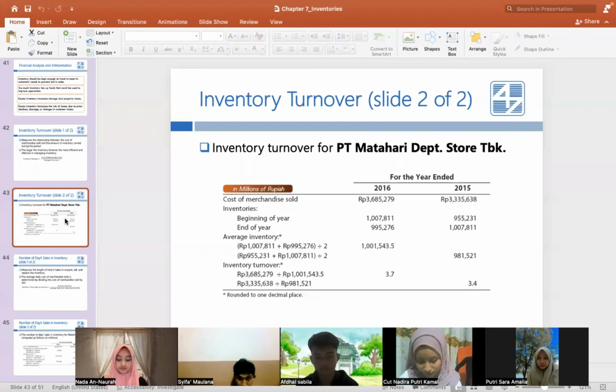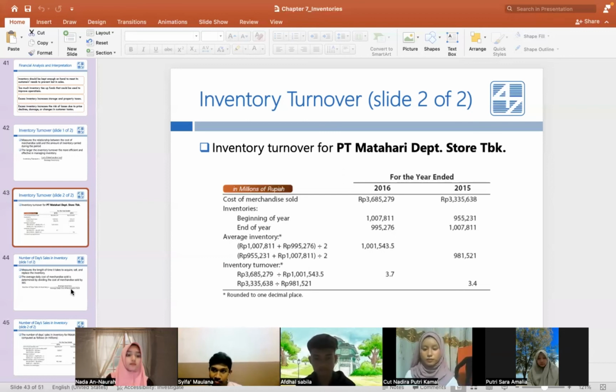We follow the formula: cost of merchandise sold divided by average inventory, and we get inventory turnover in 2016 of 3.7 and in 2015 we got 3.4.